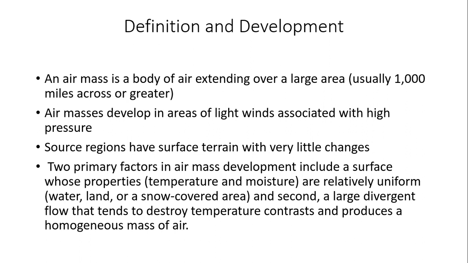And second, the other factor is we want a large divergent flow. Divergent meaning the air spreads apart, and that divergent flow tends to destroy temperature contrasts and produces a homogeneous, or very similar, mass of air.